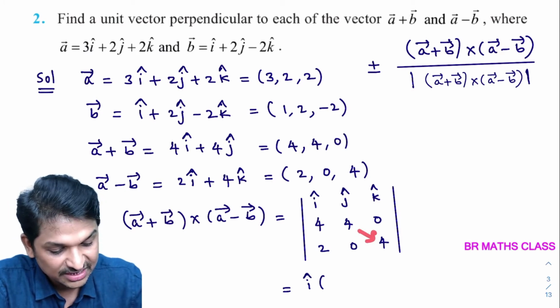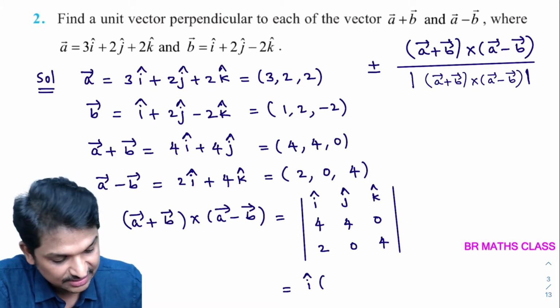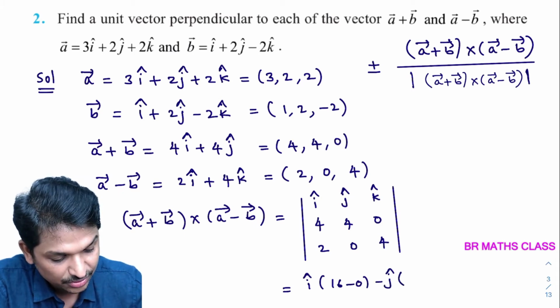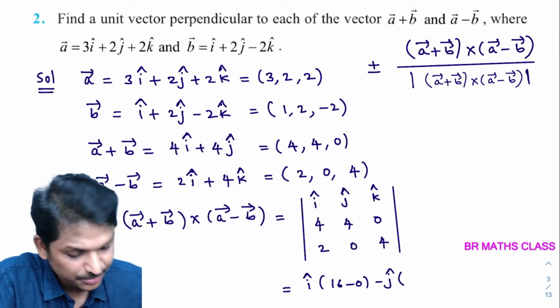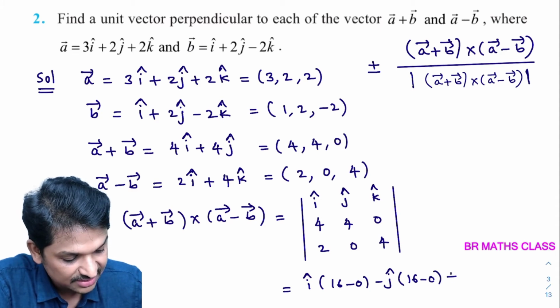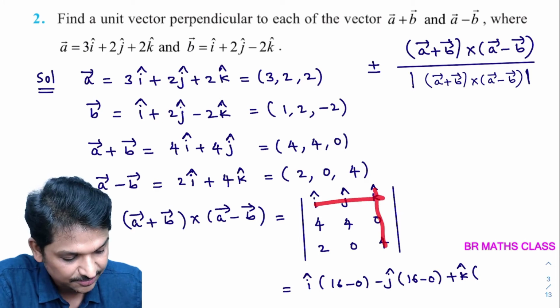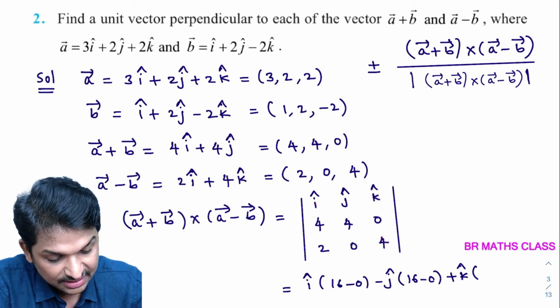I cap into 16 minus 0, minus j cap into, again, 16 minus 0, plus k cap into, expand this determinant, 0 minus 8, that is minus 8.